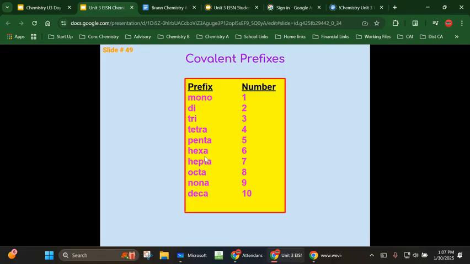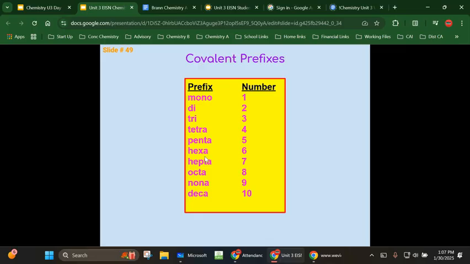Mono means 1, Roman numeral I. Di means 2, II. Tri means 3, Roman numeral 3. Now again, Roman numerals are used in the ionic system, not in the covalent, but we put this all on the bottom of your table together for you. Tetra means 4. Penta means 5. Hexa means 6.